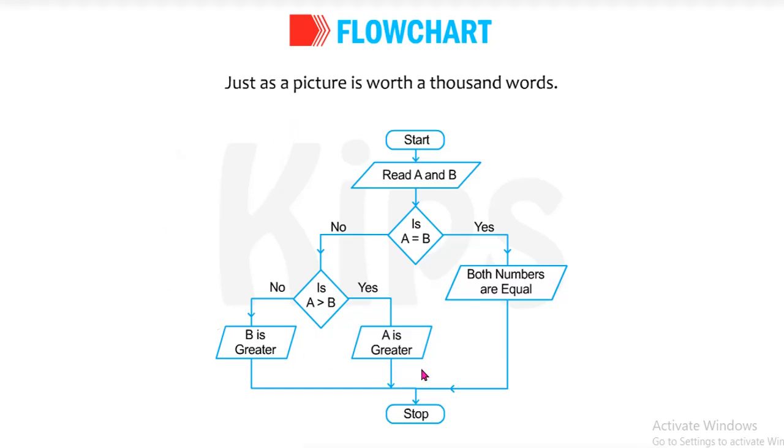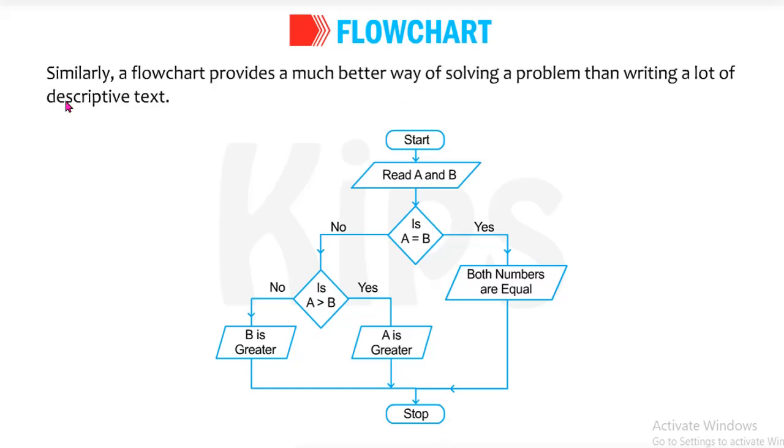In the same way here in the logic also, a picture is worth 1,000 words. Similarly, a flowchart provides a much better way of solving a problem than writing a lot of descriptive text.